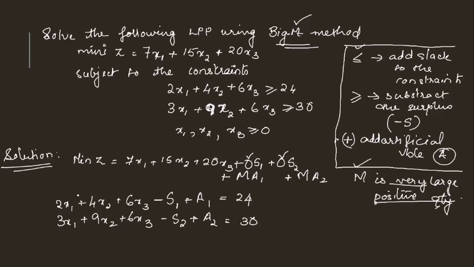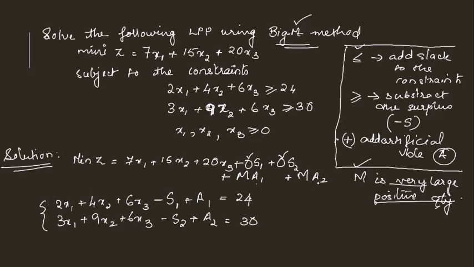So first, you have done some modifications on the constraints. You have subtracted a surplus variable and added an artificial variable to it. Then the same changes are applied to the objective function, where you should take care of the surplus variable, because its coefficients are written as 0.